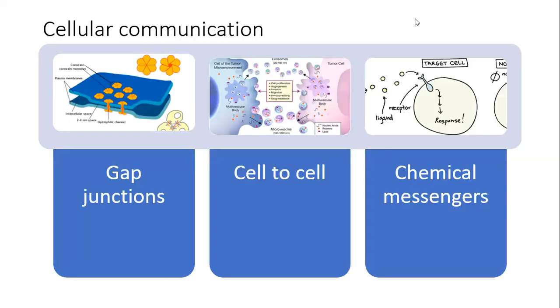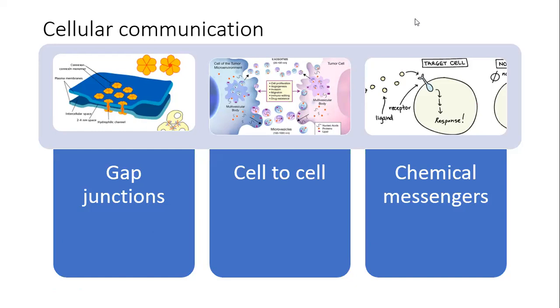So cells communicate with one another through three main mechanisms. There's gap junctions, which connect to adjoining cells and allow movement of small molecules through these tight junctions. There's direct cell-to-cell communication, and that is where mediators are passed back and forth.